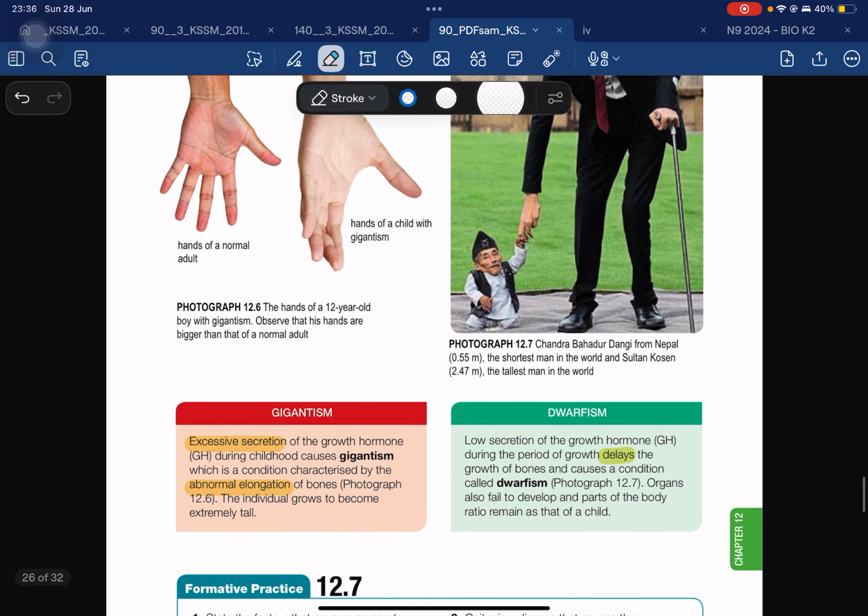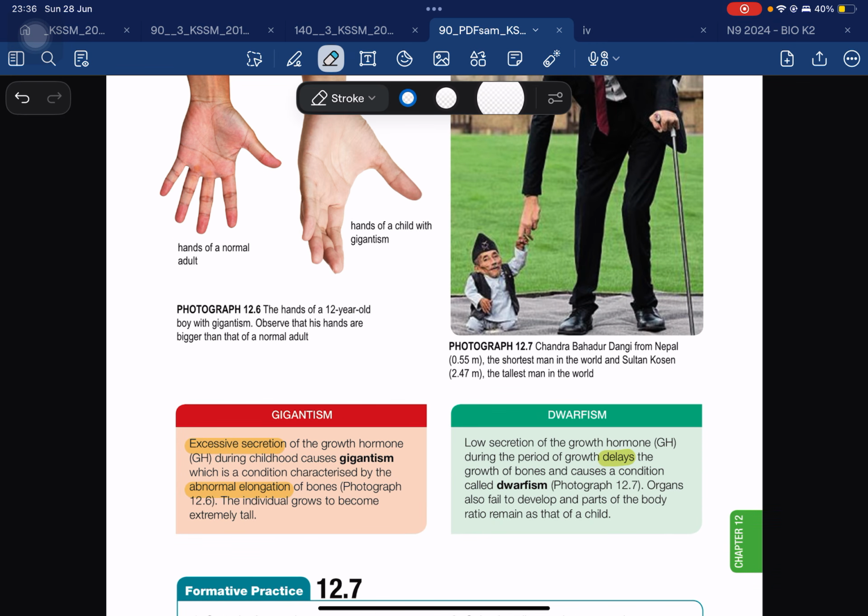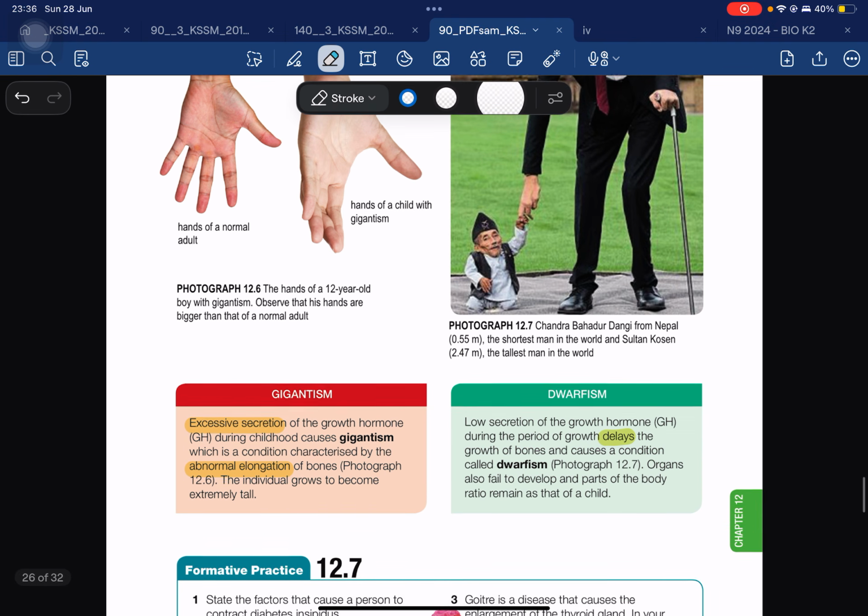So gigantism occurs because of excessive secretion of growth hormone during childhood. This occurs because of the abnormal elongation of the bones.